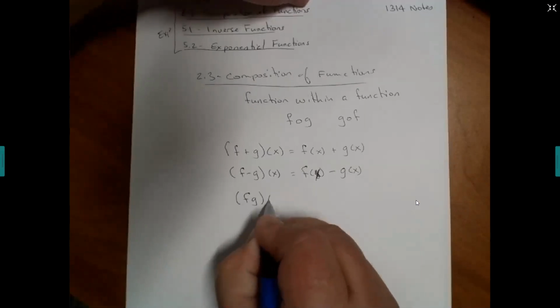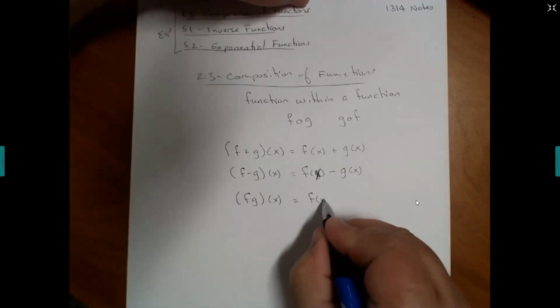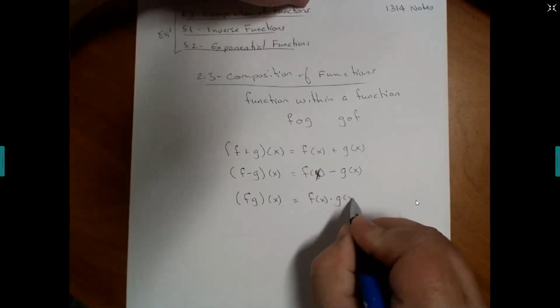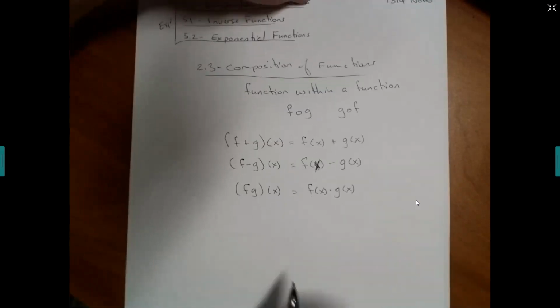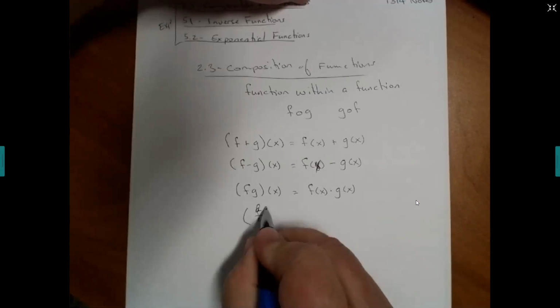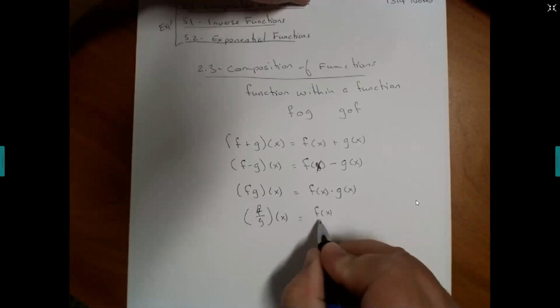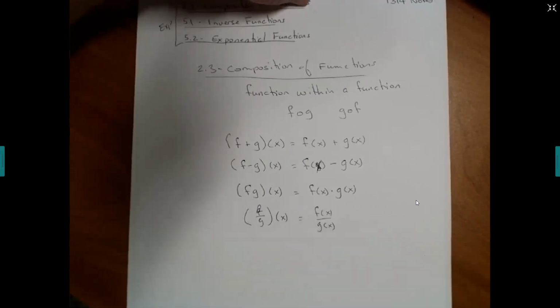It works with multiplication and division as well. F of x times g of x. And f over g of x is f of x over g of x.